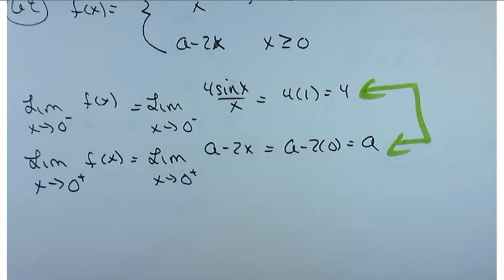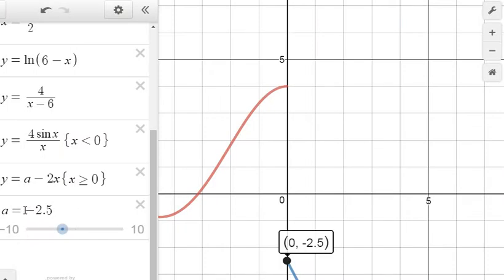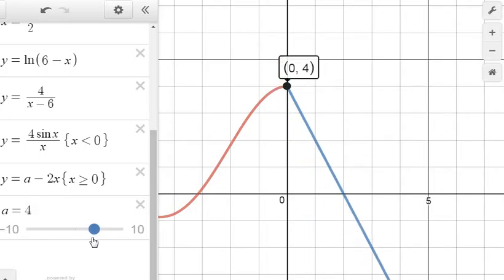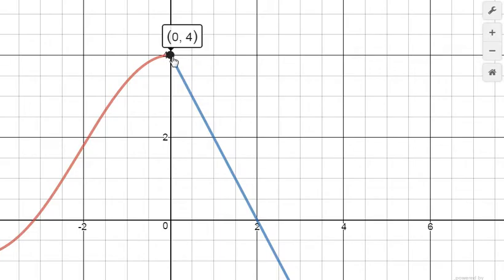If you go back to Desmos and I change the slider to a equal 4, you see it lines up real nice. Both of these have a limit at 4 when x is 0. All right, so the bottom line, the answer here is let a equal 4.